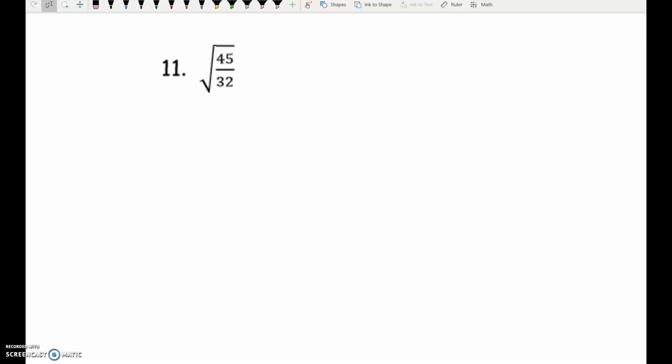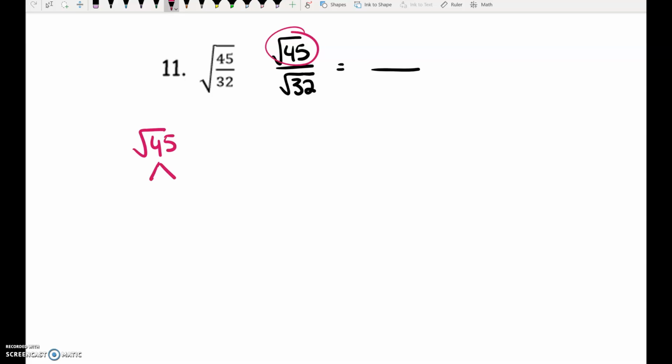Number 11, we have a little bit of work to do. First of all, this is the square root of 45 over the square root of 32. So over here, kind of below this, I'm going to take the square root of 45 and see if we can simplify that. How can we split up the square root of 45? 9 and 5.